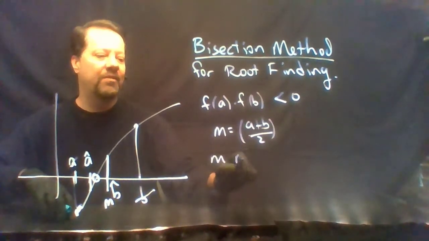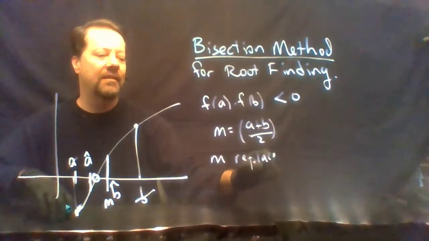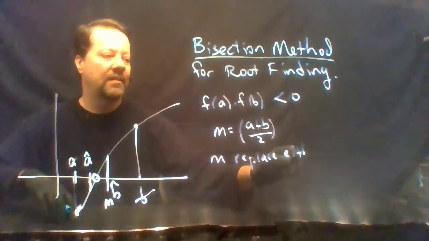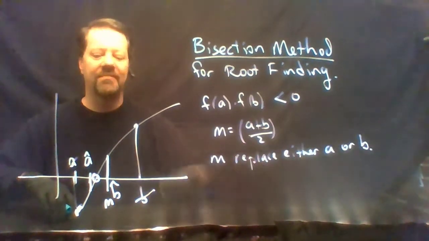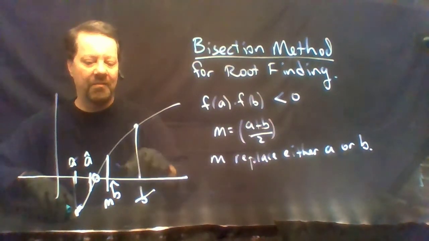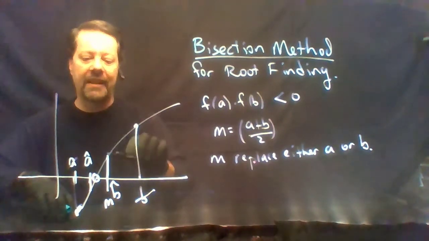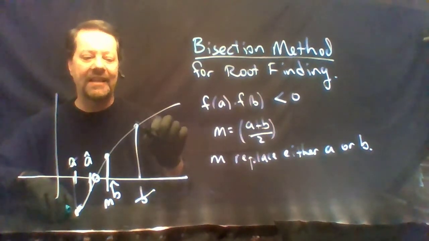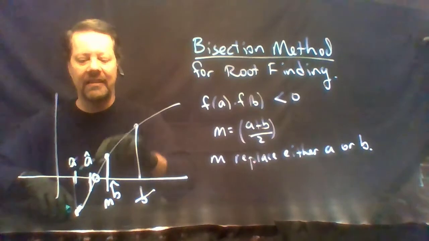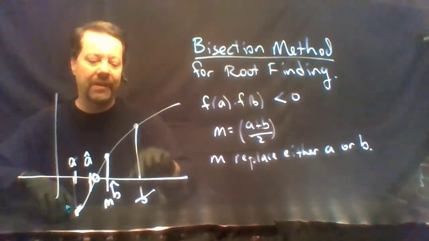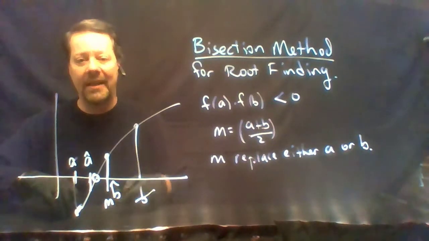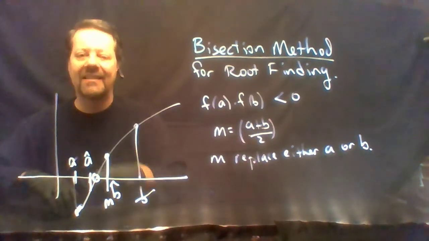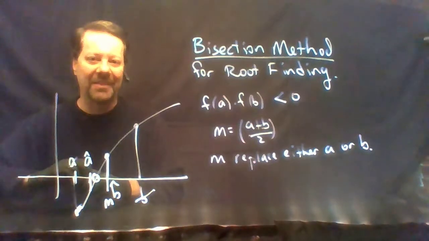M replaces either a or b. If both the function value at the midpoint and at b are positive, and the function value at a is negative, then you're going to throw away the old b and replace it with the midpoint. Otherwise, you'll throw away the old a and replace it with the midpoint.